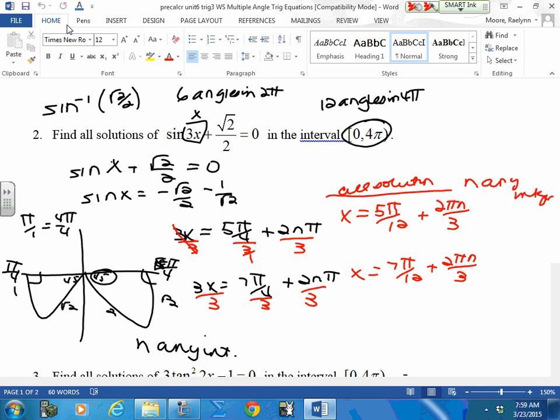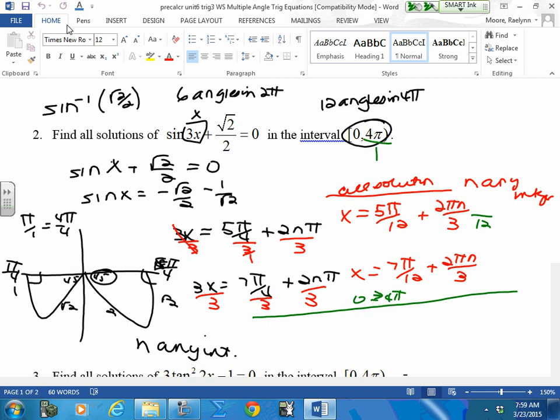Now, I say, okay, I want to go from 0 to 4 pi. What denominator am I going to have to convert everything to? 12. I have a denominator of a 12 and a denominator of a 3. And up here, I have a denominator of a 1. Everybody needs to go to 12. So convert this guy to 12.